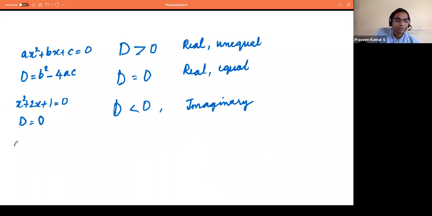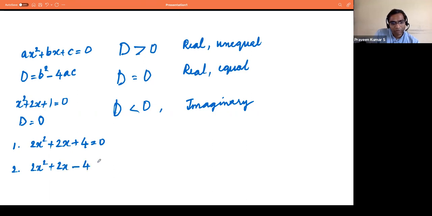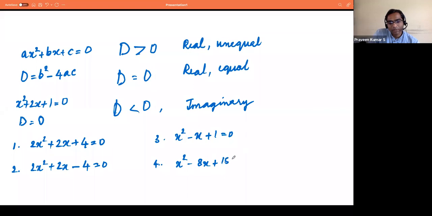Let's take 2x square plus 2x plus 4 is equal to 0. 2x square plus 2x minus 4 is equal to 0. x square minus x plus 1 is equal to 0. x square minus 8x plus 15 is equal to 0. Can you calculate the discriminant in each of the cases?